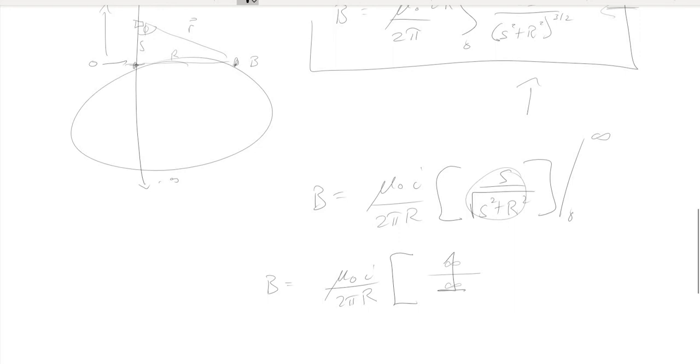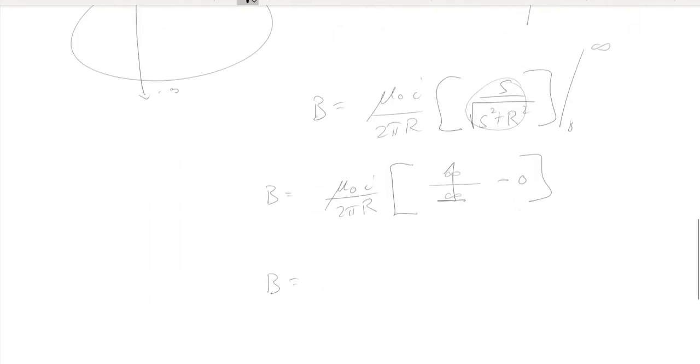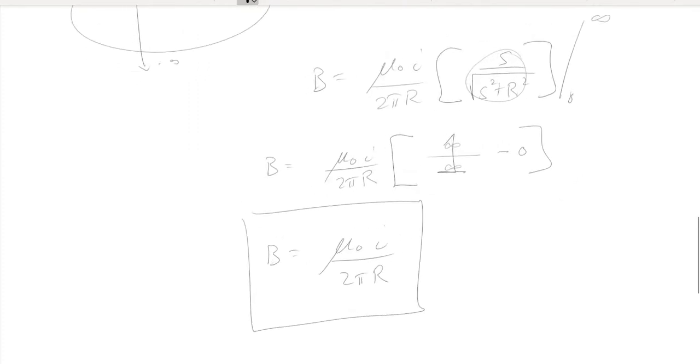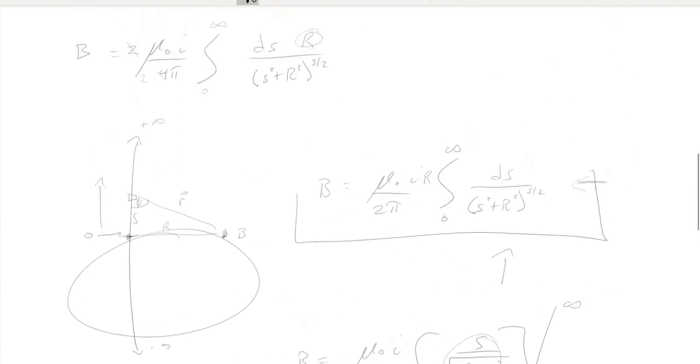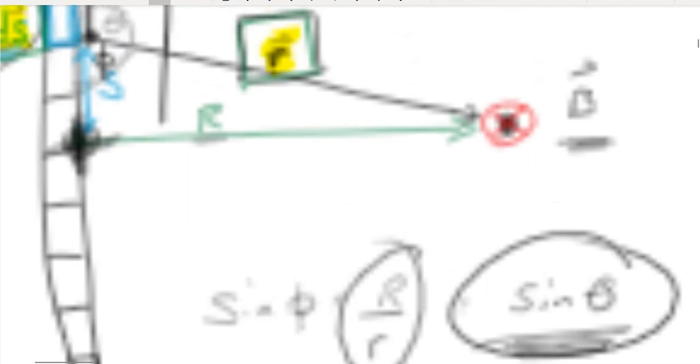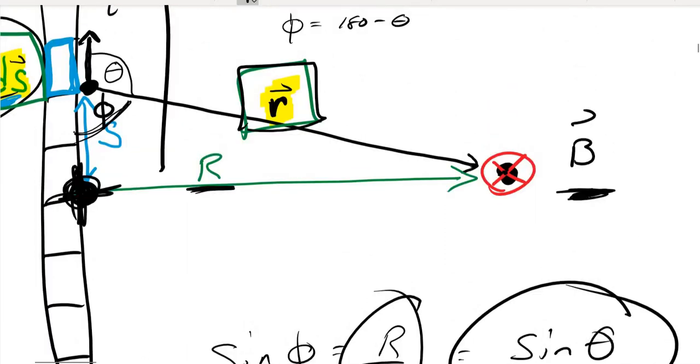And then if we evaluate everything at 0, we get 0 over 0 plus something. In other words, we have 0 over r, which is 0. But there is the expression for the magnetic field magnitude that this infinitely long straight wire is going to produce a distance of r from the wire.